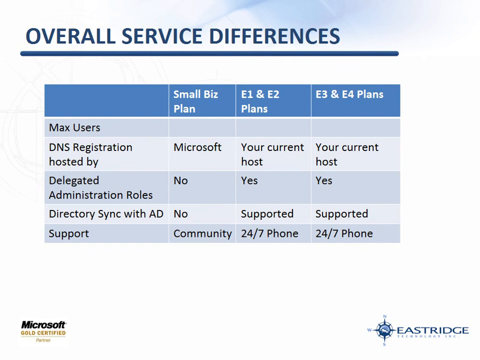Now, overall, when you set up a small business plan with Office 365, basically you hand over all of your DNS registration to Microsoft. So if you host it at GoDaddy or some other kind of third-party host, basically all of that moves over to Microsoft.